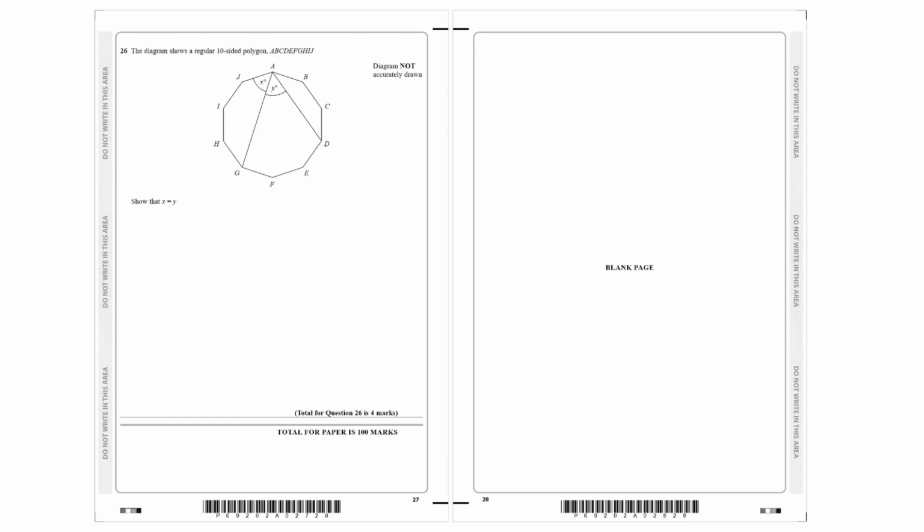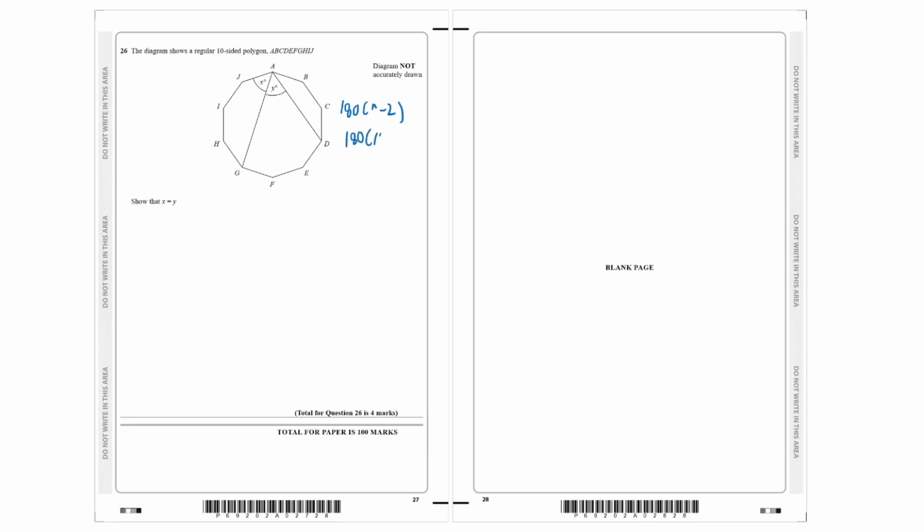Question 26. The diagram shows a regular 10-sided polygon. Show that angle x is equal to angle y. We can use the formula for the sum of interior angles, 180 times n minus 2, to prove that x is equal to y. Since there are 10 sides, there are also 10 angles. So we can write 180 times n minus 2.